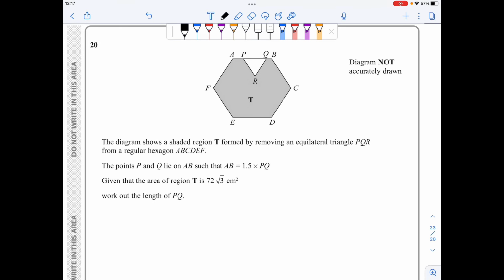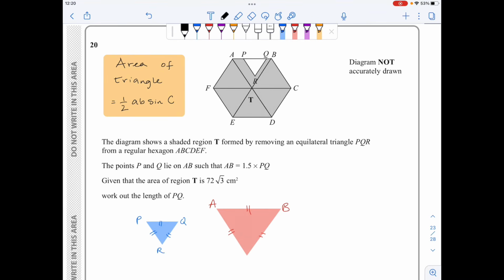For question 20, I will need the area of a triangle, which is given in the formula page. This is the following. Now I will divide my hexagon into 6 equilateral triangles. So now consider the triangles P, Q, and R, and the triangle A and B, and the center of the hexagon.